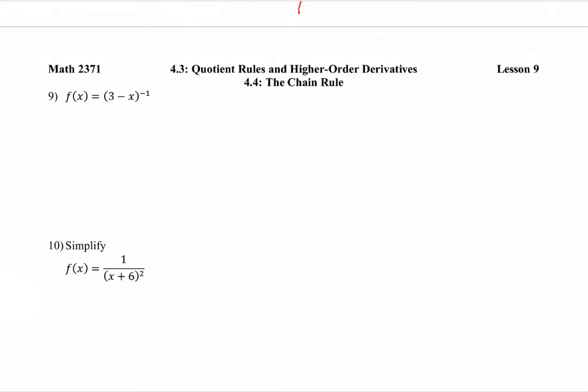So now let's look at number 9. So f prime of x equals minus 1 times 3 minus x to the negative 2, because negative 1 minus 1 is negative 2, times negative 1, which is the derivative of 3 minus x.